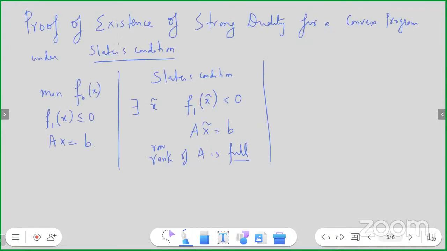All we are asking for is full row rank. Otherwise, why even say anything? I'm not demanding that A is equal to B, if A is a square matrix. And it is invertible, though there is nothing to stop it.